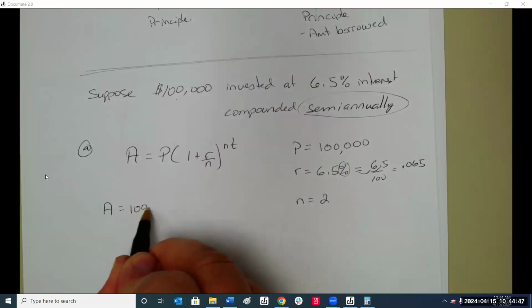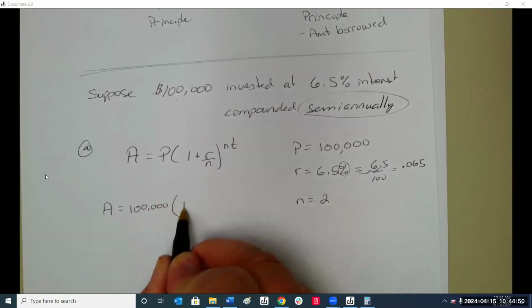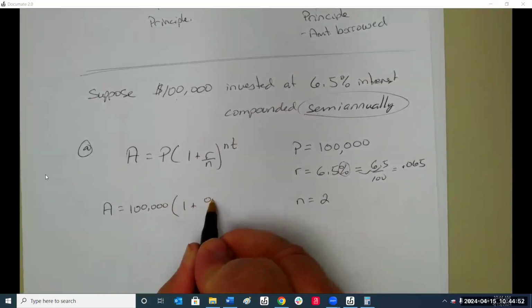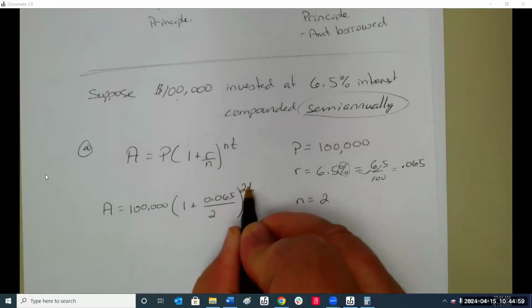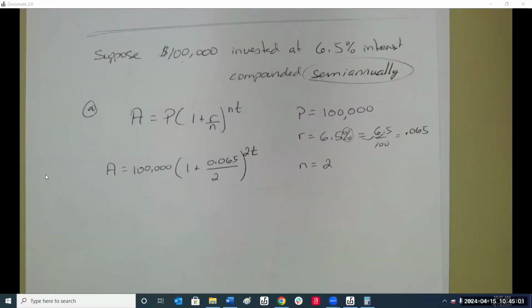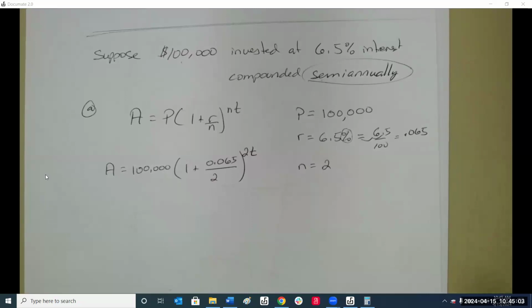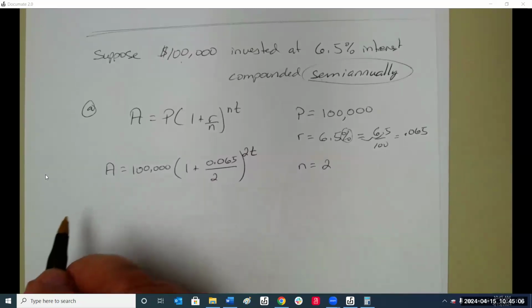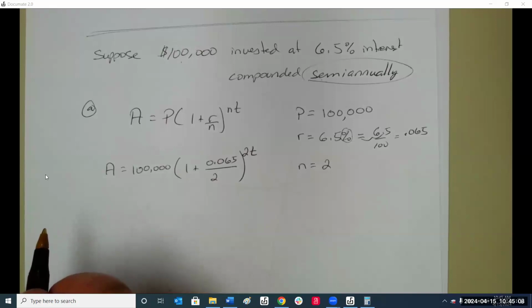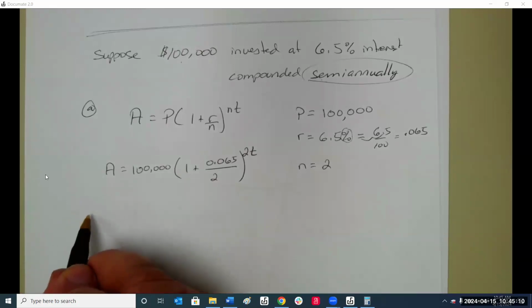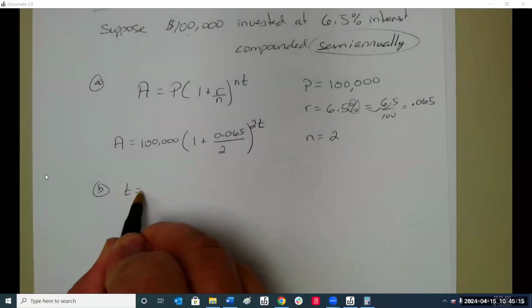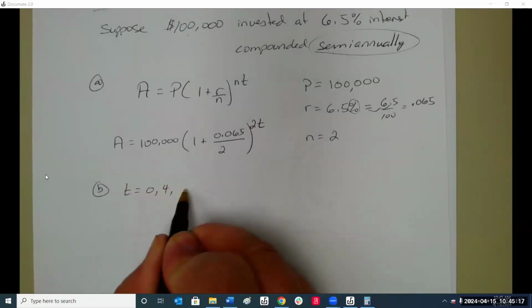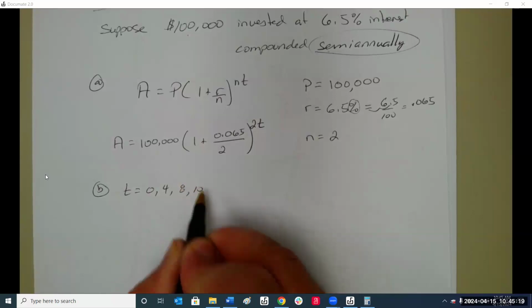So our equation would look like this, with whatever t we have it for. And then the next one says find A at t equals 0, 4, 8, and 10 years.